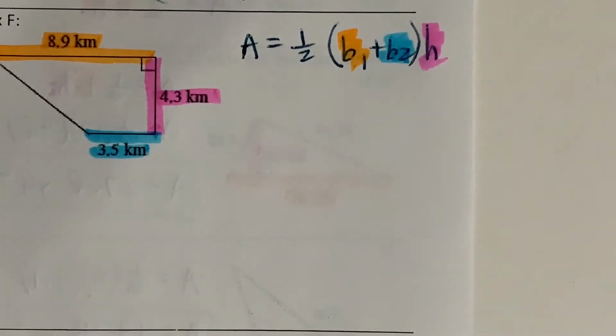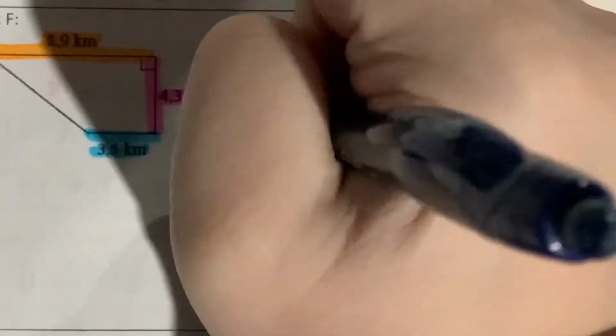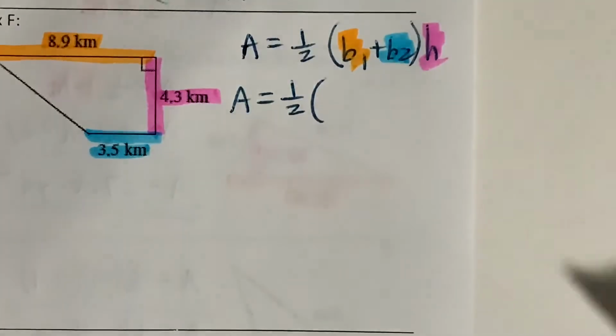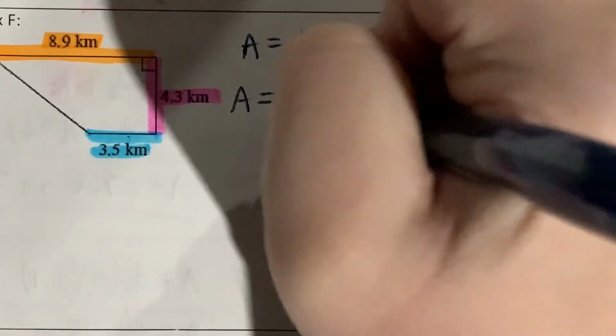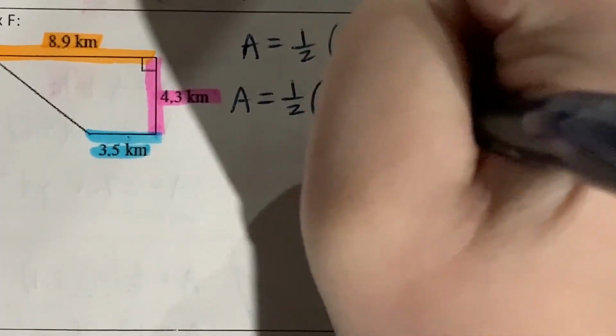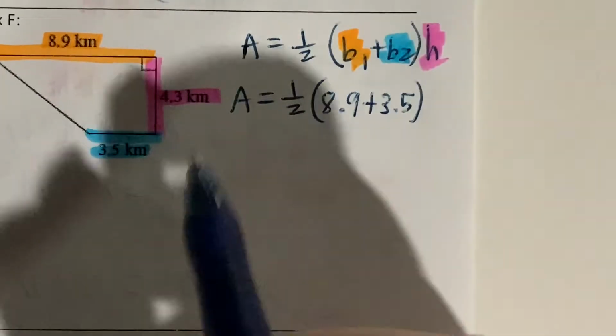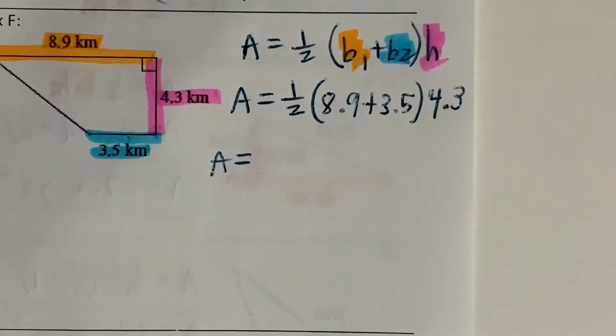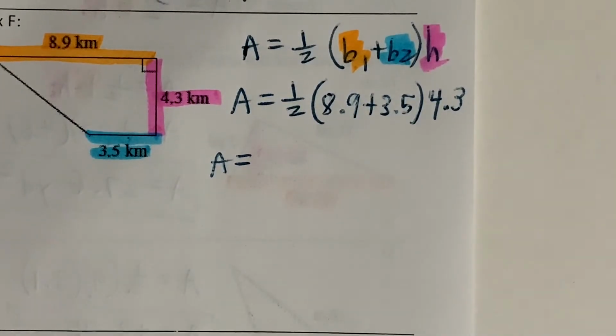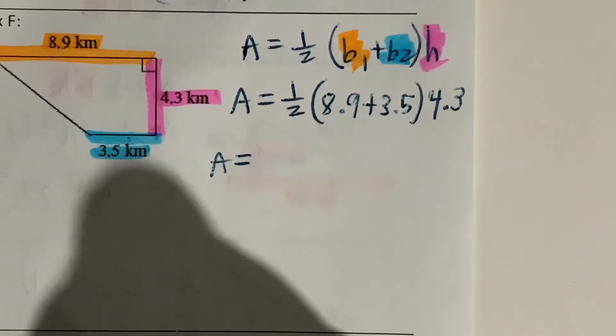So then here are the different values that I need to plug in. I'll have area equals 1/2 times, and I add my two bases. So I have 8.9 plus 3.5 times my height, which we said is 4.3. And again, you have to be very careful when doing this. You could say these are really three things being multiplied, right?